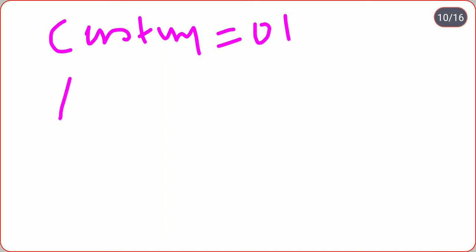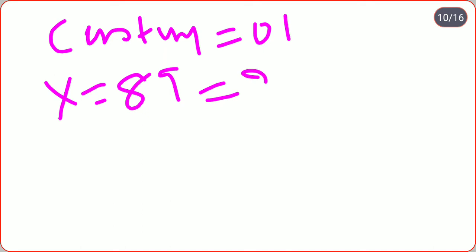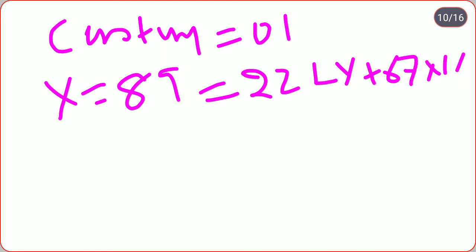Year code: 1990 is not a complete year, so find out for 89 years. First of all, find out leap years: how many leap years and how many non-leap years. So 22 leap years plus 67 normal years.